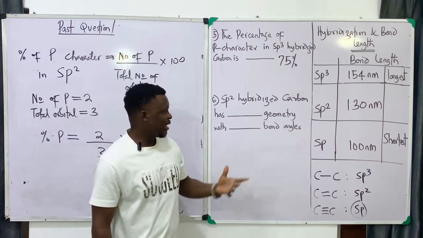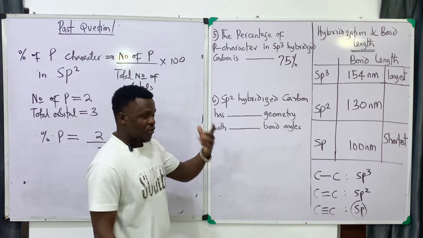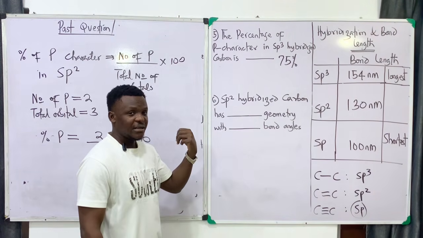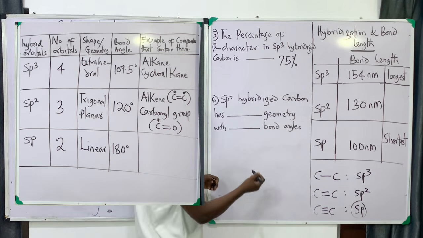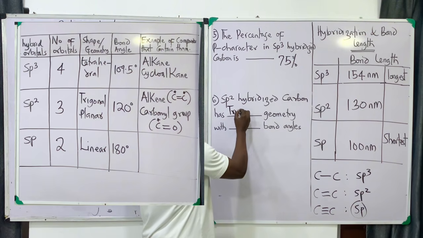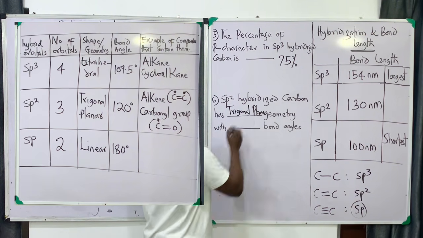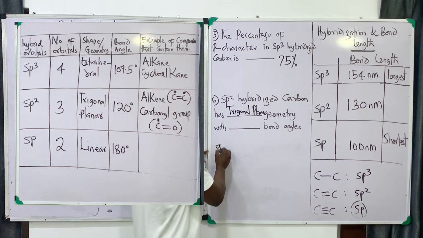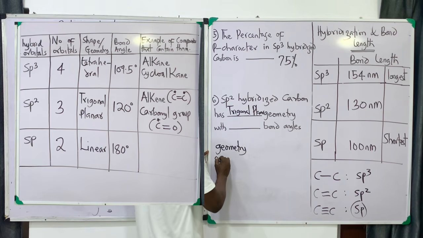Next: sp2 hybridized carbon has dash geometry with dash bond angle. If you could remember, take your mind back to the table I gave us earlier. sp2 hybridized carbon has trigonal planar geometry. Geometry is the same thing as shape.